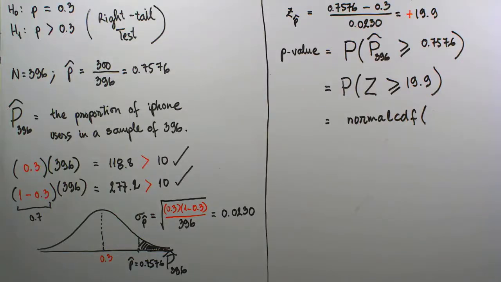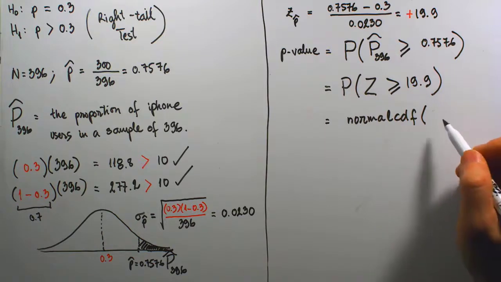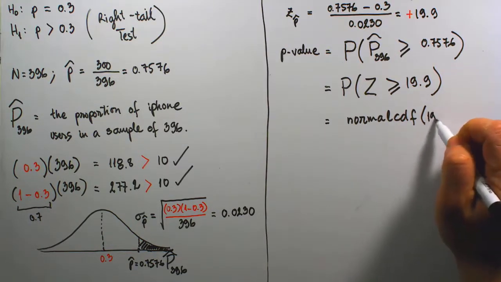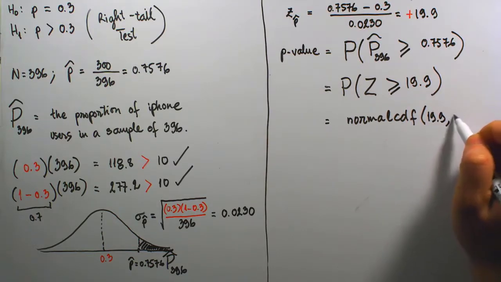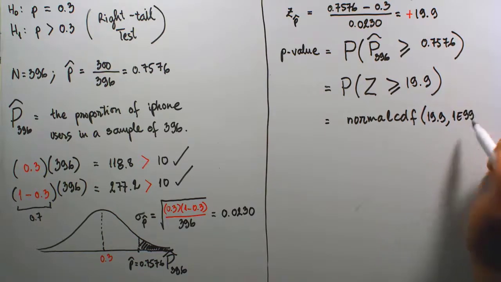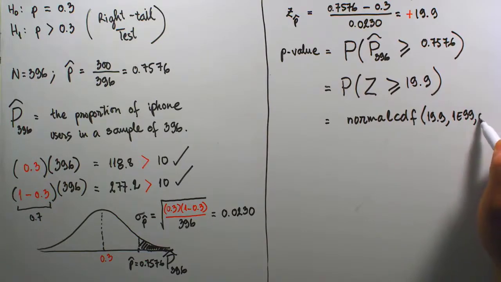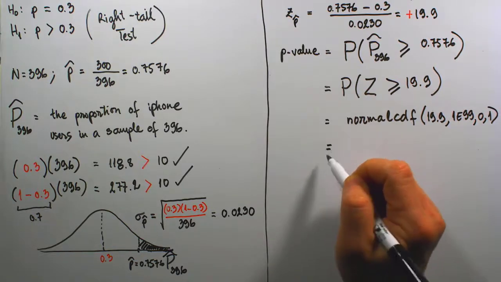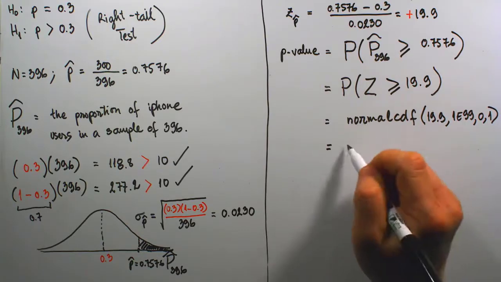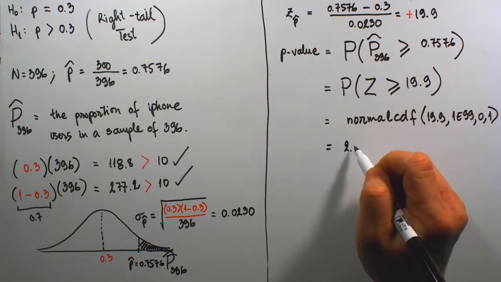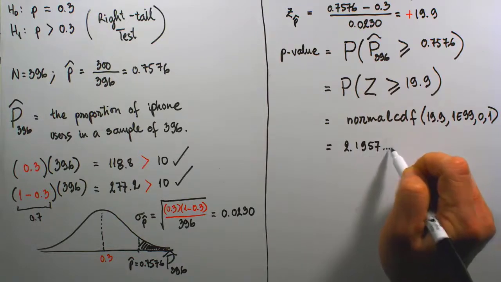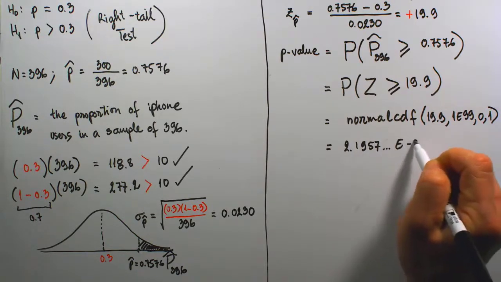So on my writing board, let's complete our written normal CDF command here. The low end here is 19.9. For the high end, I'm going to indicate 1E99. And I'm going to default the center of my bell curve to 0 and standard deviation 1. The answer we have seen earlier on the calculator screen is 2.1957 and a lot longer, with the E minus 88.